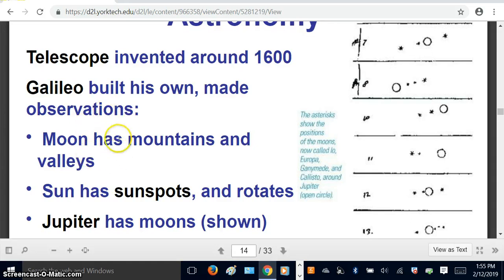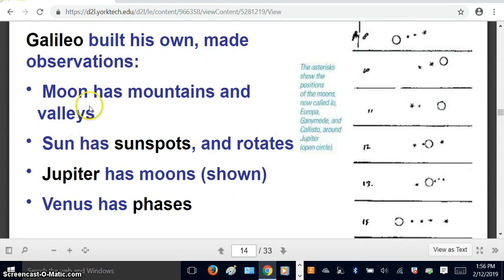So this actually leads people afterwards, like Isaac Newton in particular, to realize that the laws of physics that we learn about on Earth are applicable to the heavens as well. All right, so that's a very significant thing as far as I'm concerned.